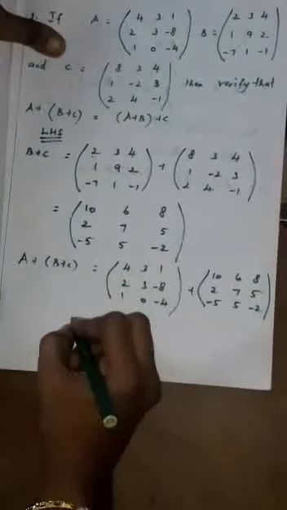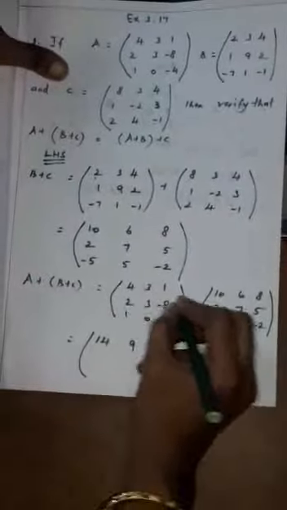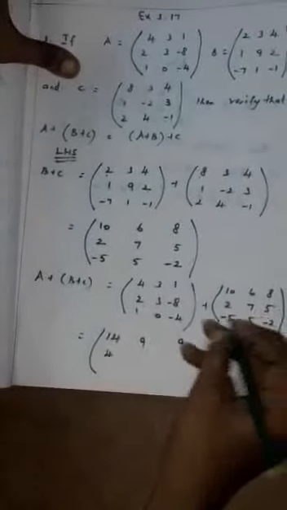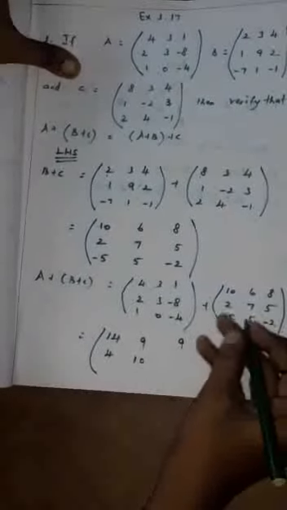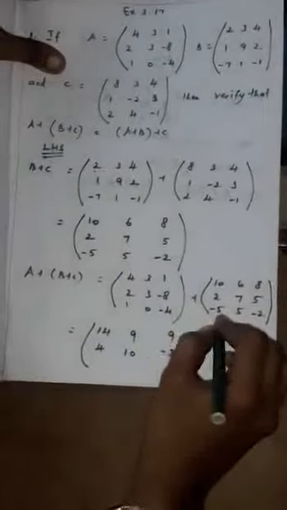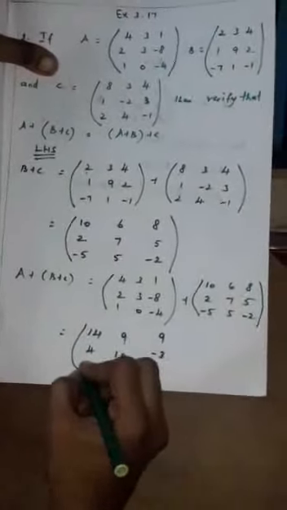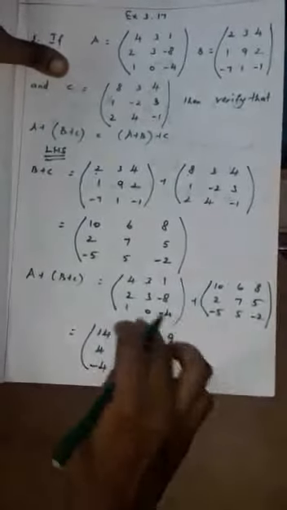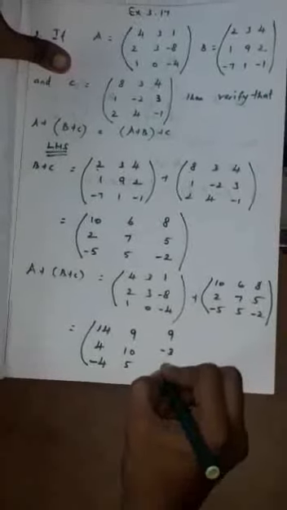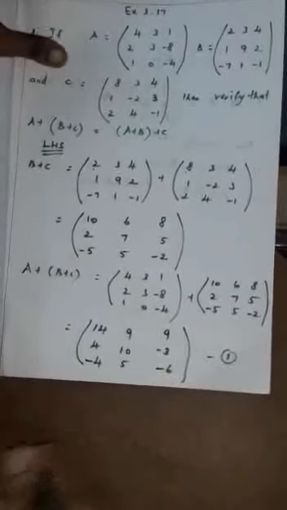So add the corresponding elements: 4 plus 10, 14. 3 plus 6, 9. 1 plus 8, 9. 2 plus 2, 4. 3 plus 7, 10. Minus 8 plus 5: 8 is the bigger number, so 3, and the sign is minus. 1 minus 5: 5 is the bigger number, so apply the minus sign, -4. 0 plus 5, 5. Minus 4 minus 2, add the terms, minus 6. So that is the LHS answer.